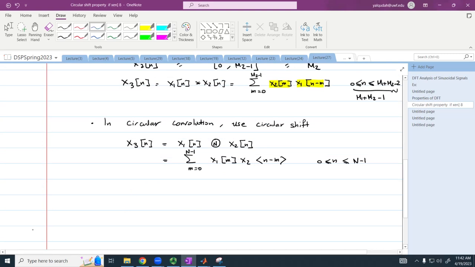So a few observations on the circular convolution.